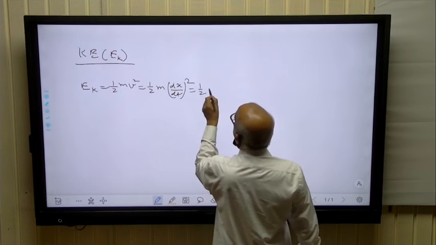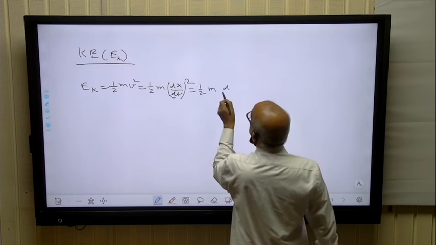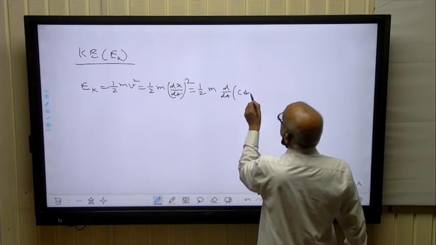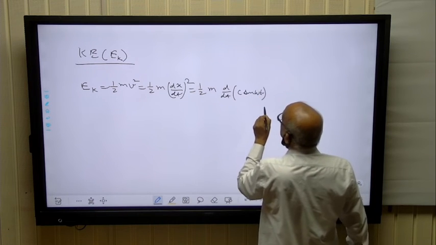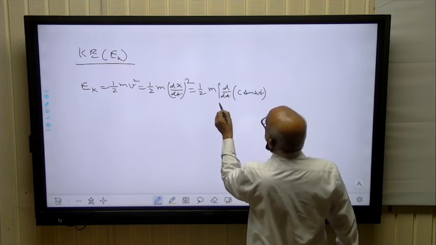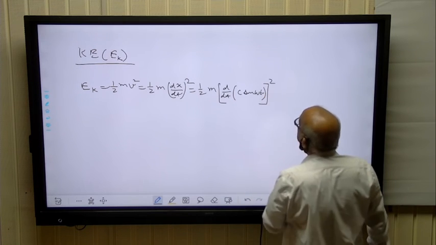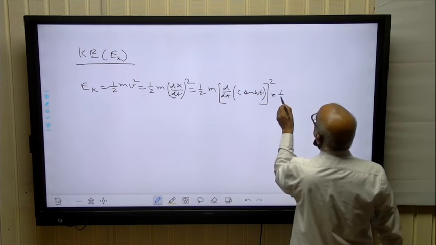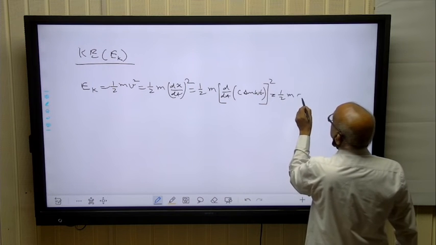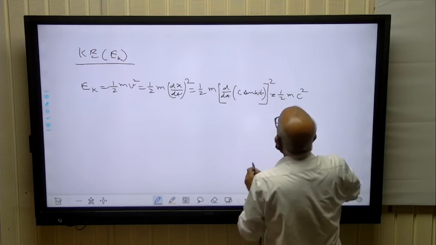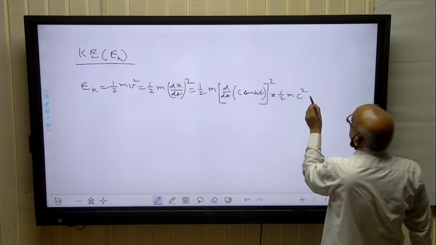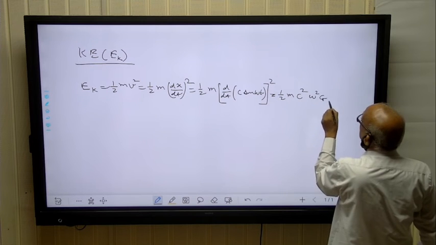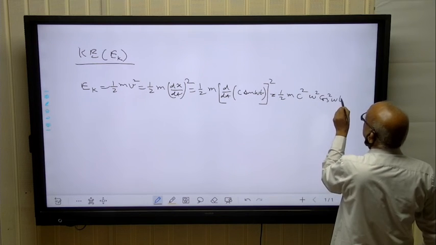This is half m (d by dt of c sin omega t) whole square. Now, c is constant, therefore it will come out of this: half m c square. The differential of sin omega t is omega, and because here is a square, omega square cos square omega t.